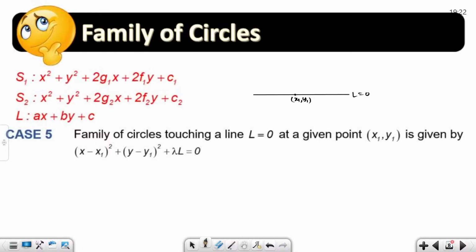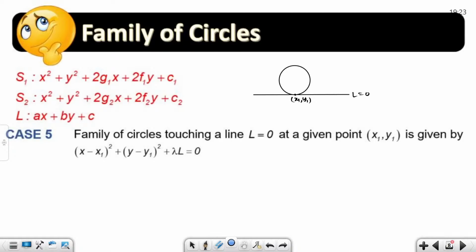There will be a family of circles where this line is a tangent to the circle at x1, y1. Isn't it so? The circle can be like this also. An infinite number of circles can be drawn. So now we have to find the equation of all such circles.